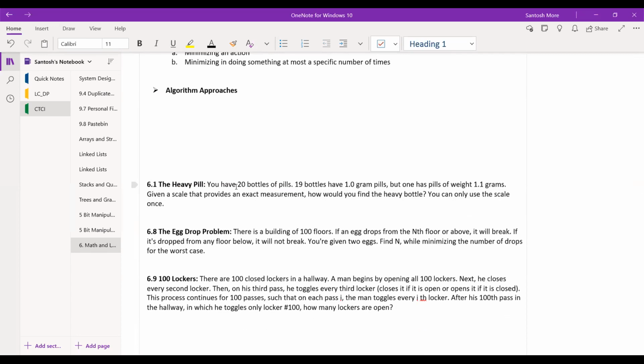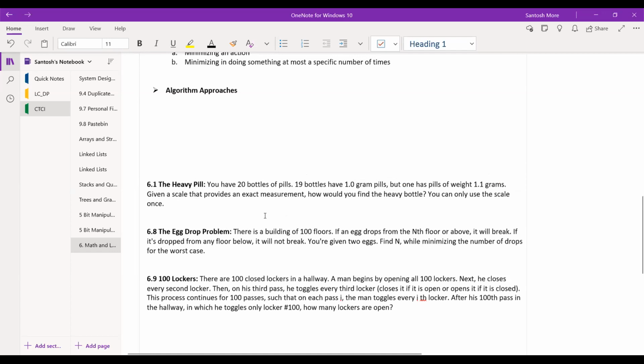If you read this, the heavy pill says that you have 20 bottles of pills. 19 bottles have 1 gram pills, and only one has pills of 1.1 gram. Then you are given a scale that provides an exact measurement. How would you find the heavy bottle?